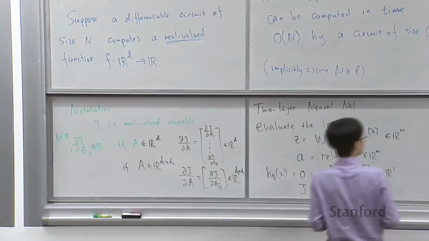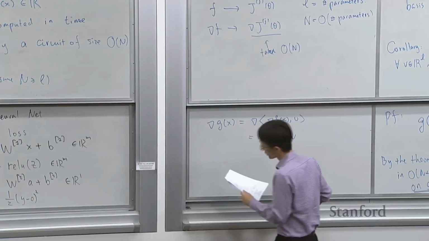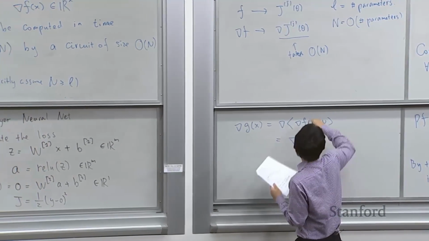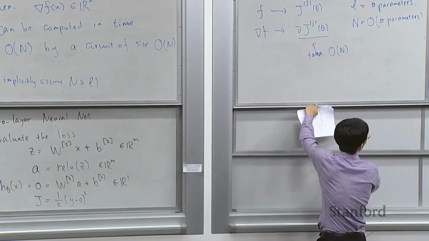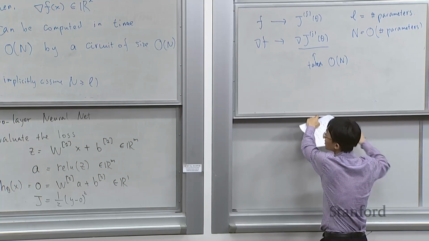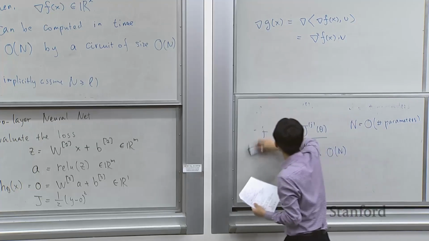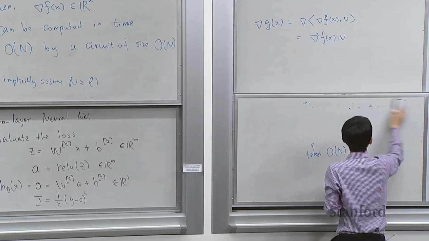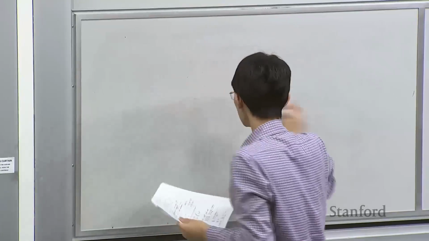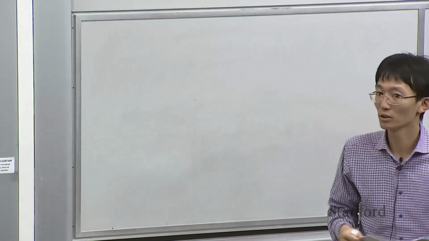So how do I compute the gradient of the loss with respect to the parameters? What I'm going to do is... go ahead.